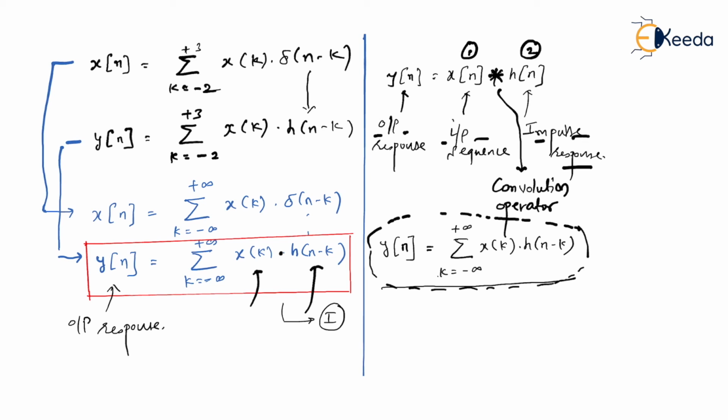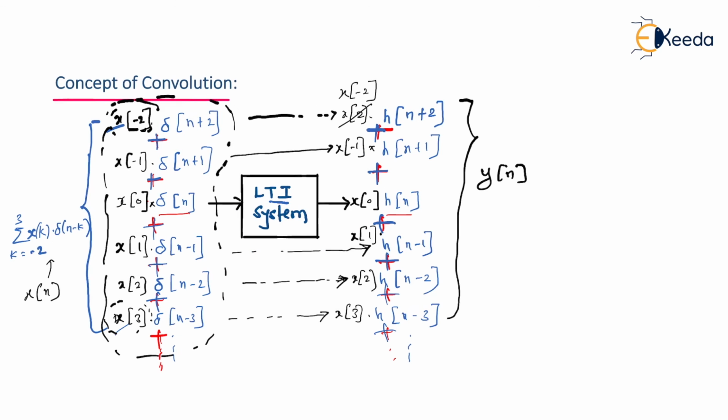Let me go back to the previous slide so as to make you understand what exactly convolution is. As we have seen here, for an individual input, we have seen how we get the individual output. Since it is a linear system, it is bound to follow the additivity property. So if I add all these inputs together, then the output will be the addition of these responses.